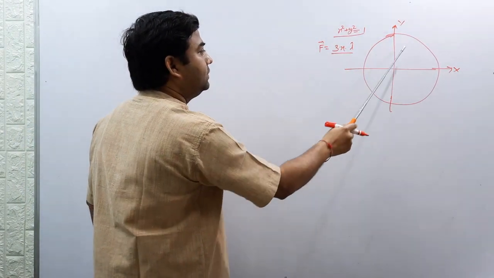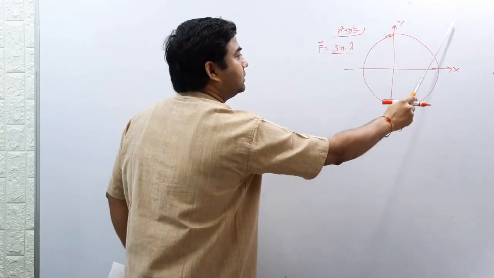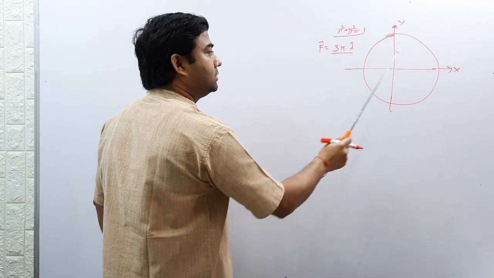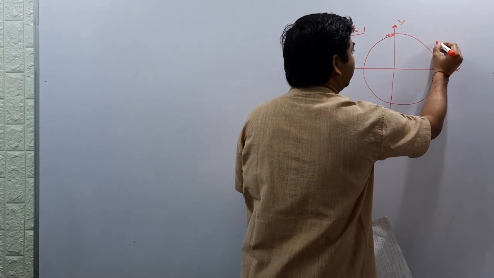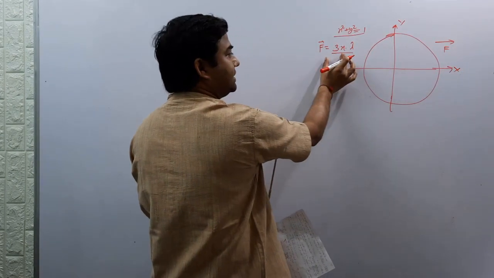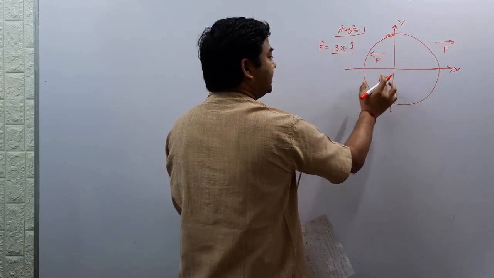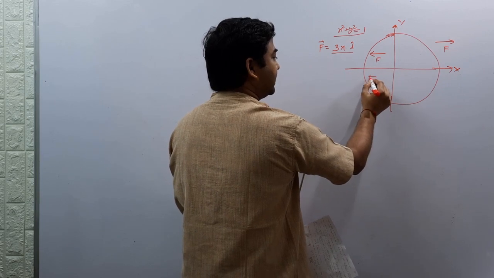when we find the field for an (x, y) point, the field is toward the positive direction of the x-axis, that is, x is positive. In this quadrant, the field is toward this direction. In this quadrant, x is negative, so the field will be in this direction. In this quadrant also x is negative, so the field is in this direction.